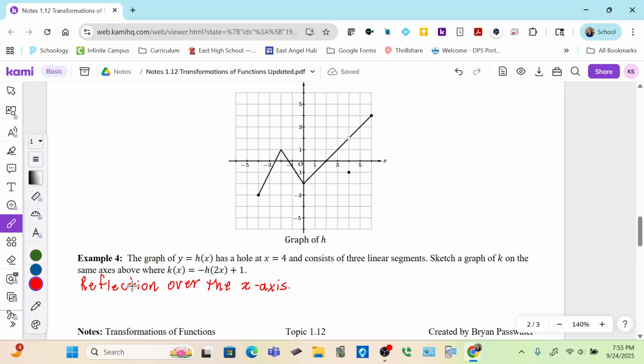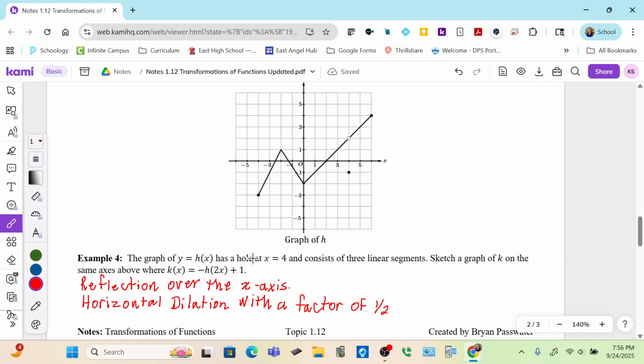The 2 tells me that I'm going to have a horizontal dilation, because it's inside the parentheses, with a factor of 1/2.